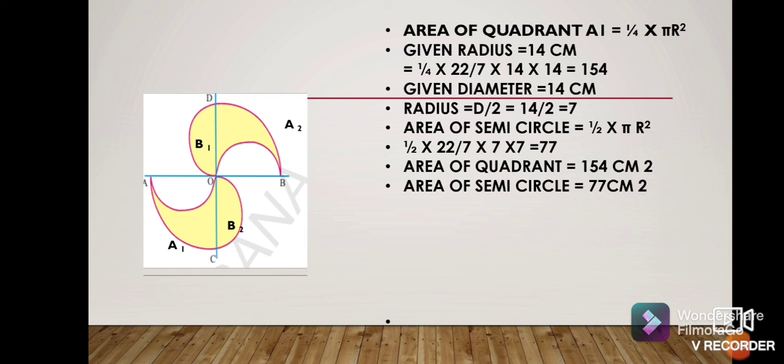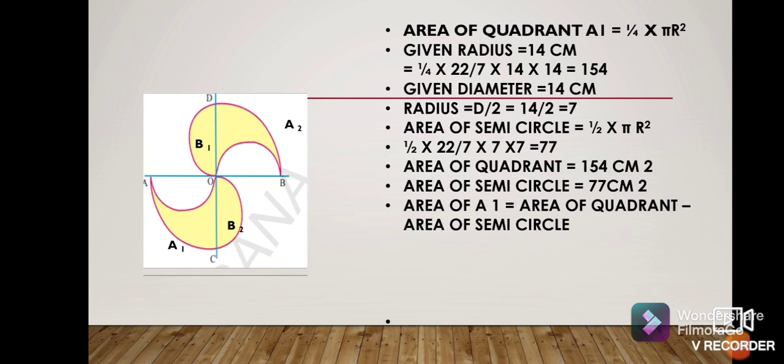But we need area of the first area 1, that can be found out by area of the quadrant minus area of the semicircle. Why? Here in the first quadrant, if that semicircle is also shaded, we get easily the area of the quadrant, but along the AC some part is unshaded, that is the small semicircle is unshaded, that only we have to subtract.